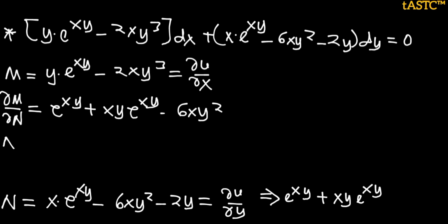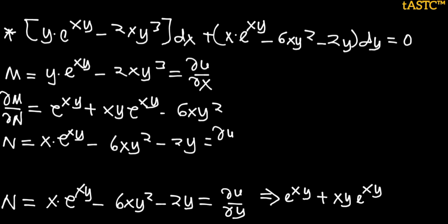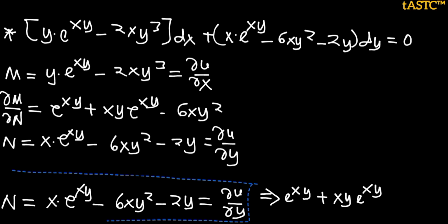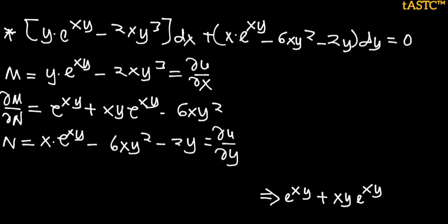Now we know that n is equal to x multiplied by e to the xy minus 6xy squared minus 2y. Now this is similar to du dy. Now this, we differentiated it with respect to x, and this is what we got.